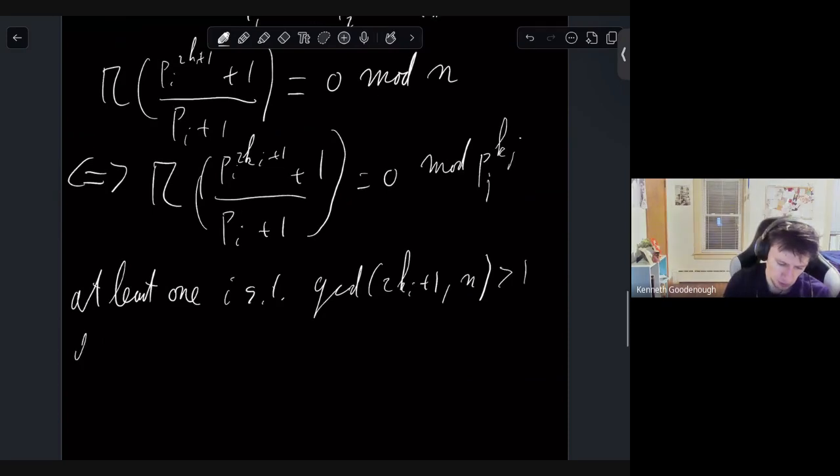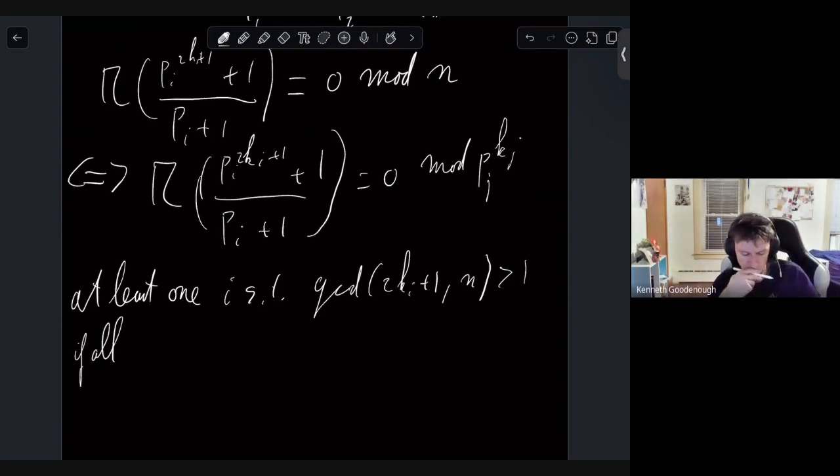Okay, so if all, so just trying to see how this works with the initial proof that we had when we looked at these square-free integers.